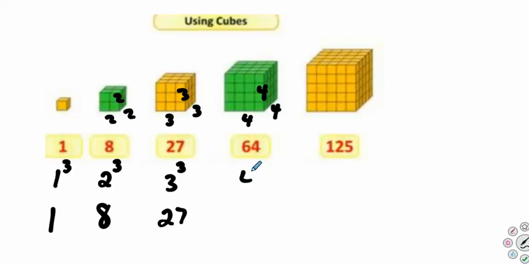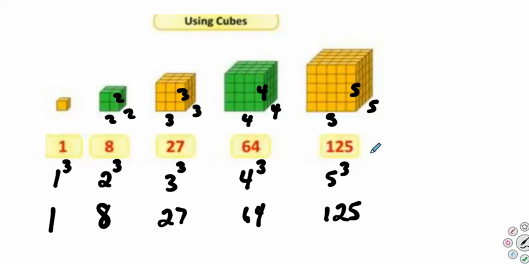So that's 4 to the third power, or 4 cubed. That gives me 64. This is a 5 by 5 by 5. So that's 5 cubed. That's 125. So that's why when we deal with volume, your answer is always in cubic units or to the third power, because we're looking at length, width, and height.